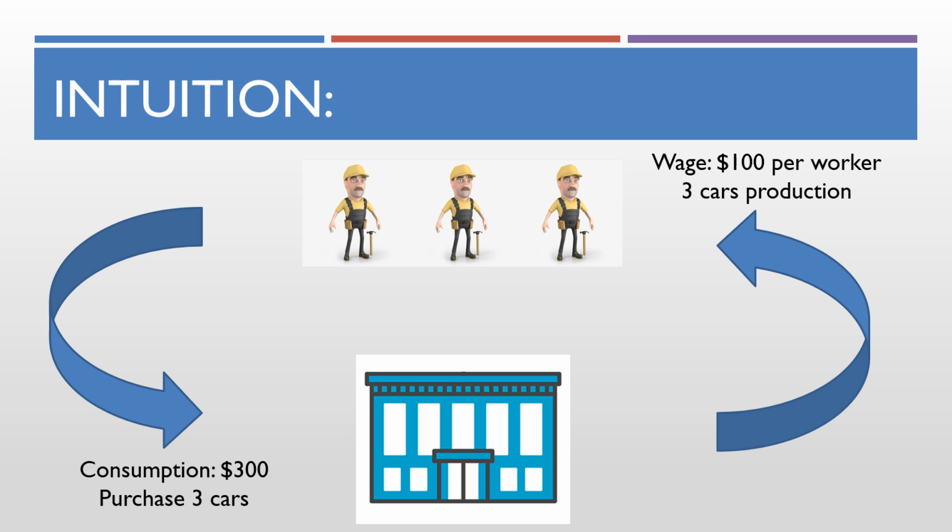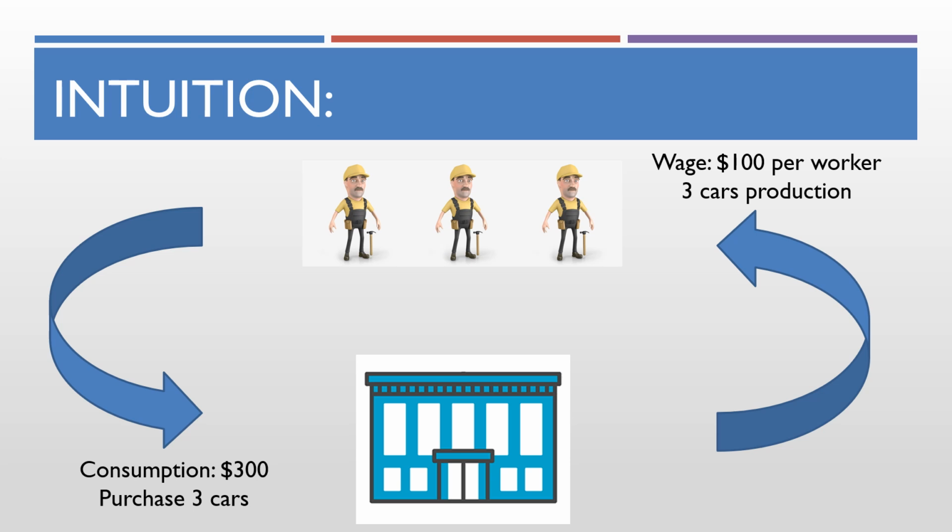In order for the firms to sell all the cars in the economy, they have to ensure that everyone's total income adds up to $300 in order to buy up all the cars.